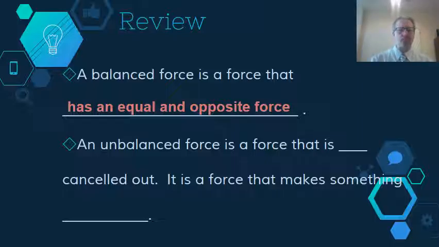Okay. Next, it says an unbalanced force is a force that is not canceled out. So unlike a balanced force where the two forces work opposite and basically cancel each other out, an unbalanced force is a force that is not canceled out, and it's a force also that makes something accelerate.